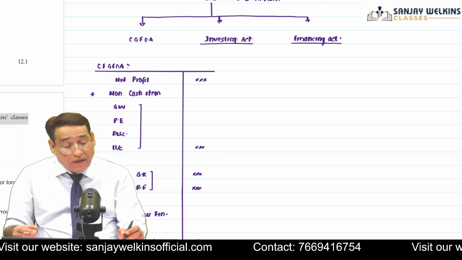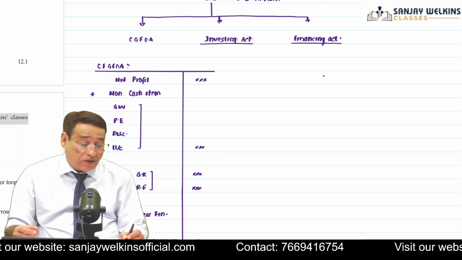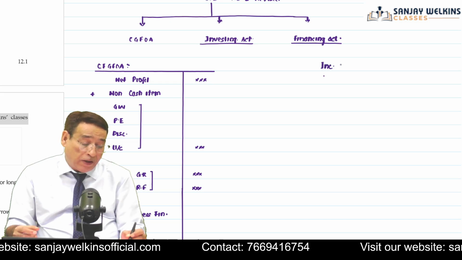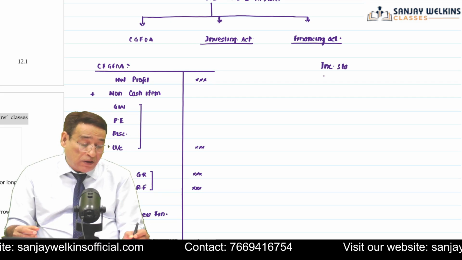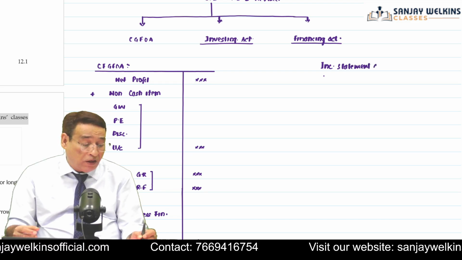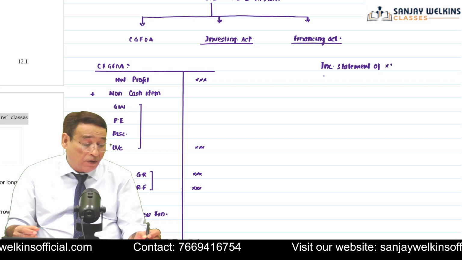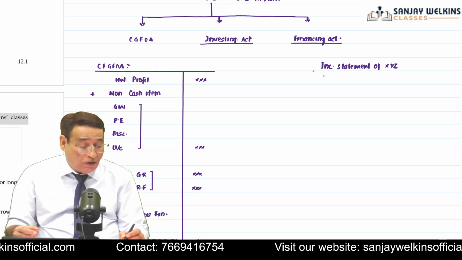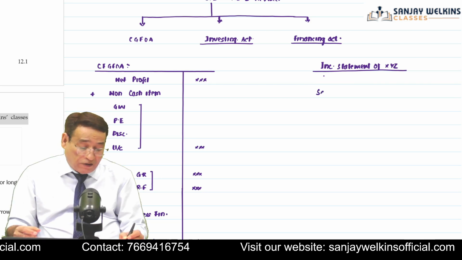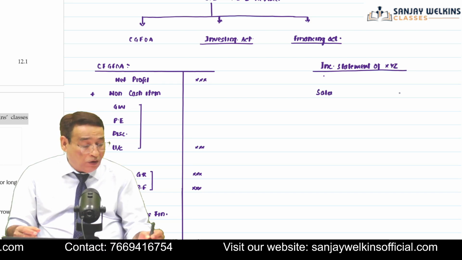Let us say this is the income statement of a particular company. This is the income statement of XYZ company, correct? We presume that sales is equal to 1,000 crore.